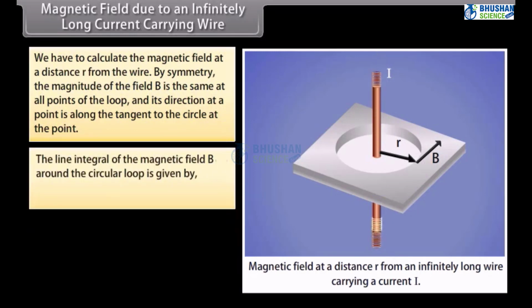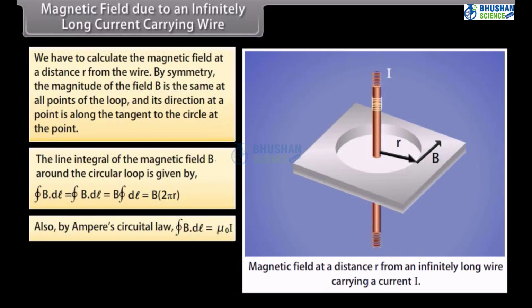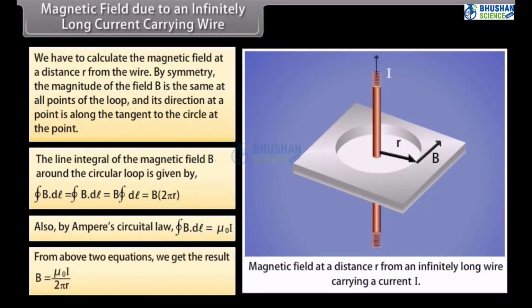The line integral of the magnetic field B around the circular loop is given by product B and 2 pi r. Also, by Ampere's Circuit Law, closed integral of B dot dl is equal to mu naught I. From above two equations, we get the result B is equal to mu naught I divided by 2 pi r.